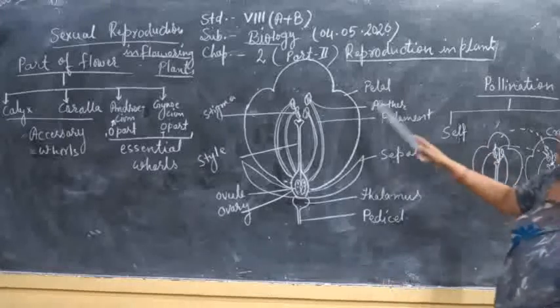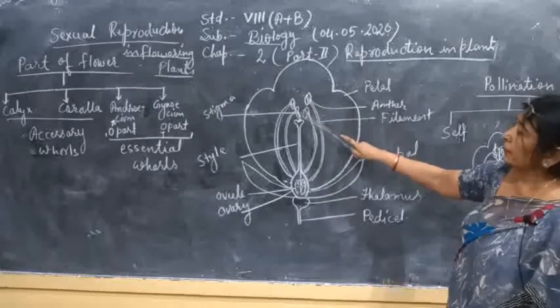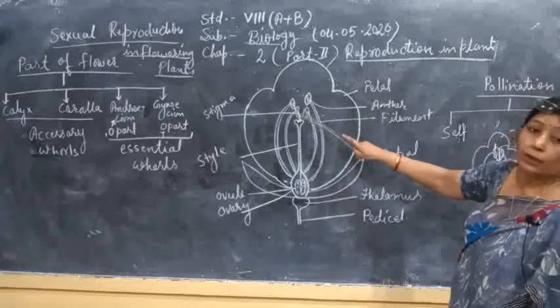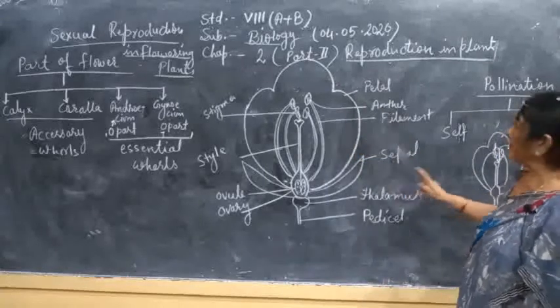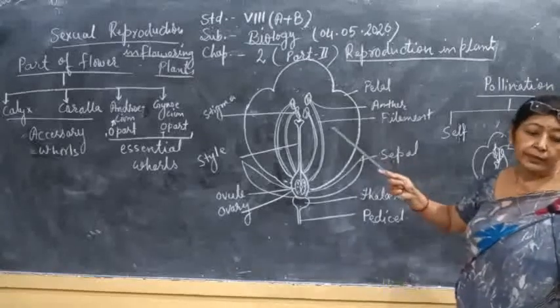In self-pollination, transfer of pollen grain from anther to the stigma of the same flower or another flower of the same plant takes place.